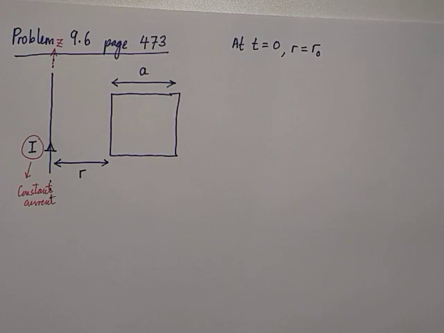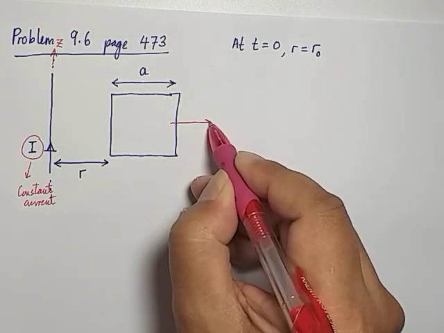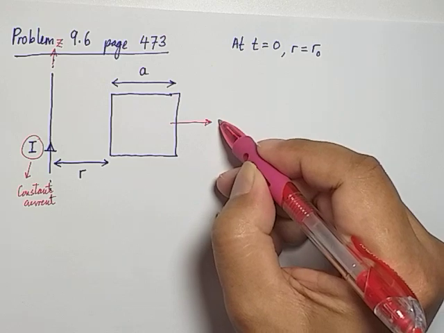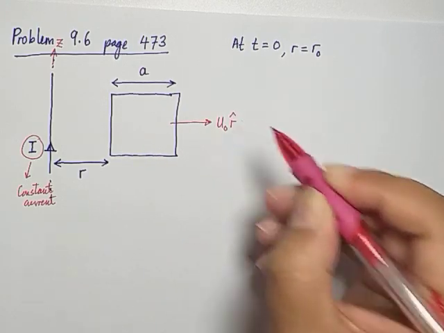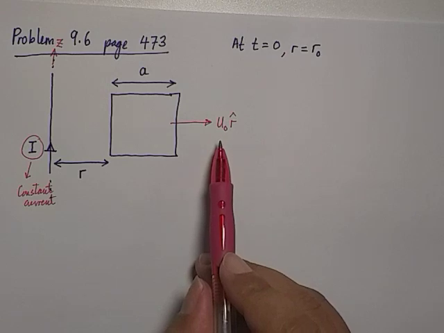So what happens then? This square loop conductor is shifted away from the infinitely long line conductor with velocity u naught in the r direction. So now you have a movement.